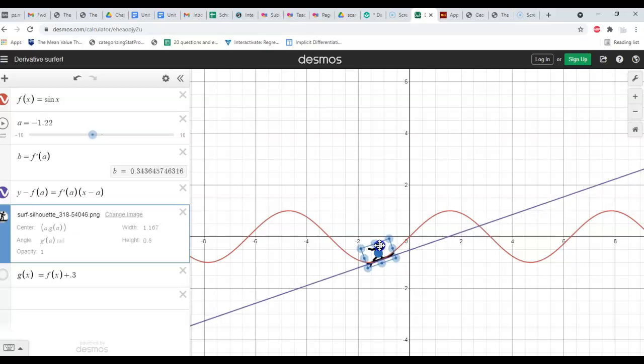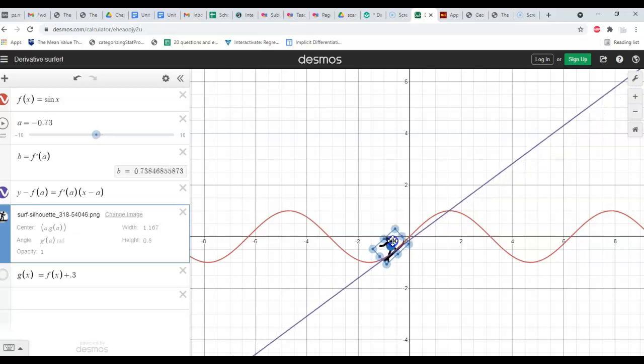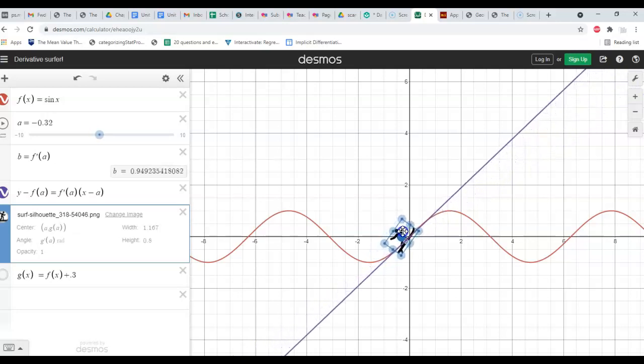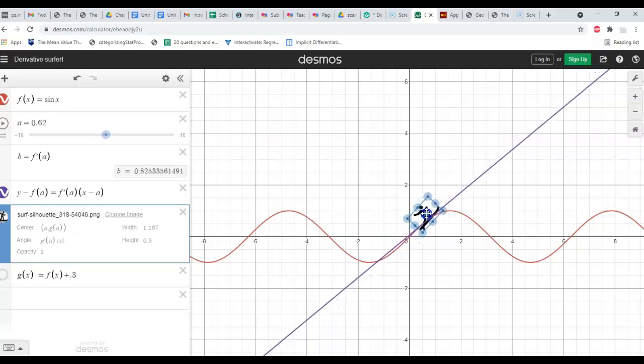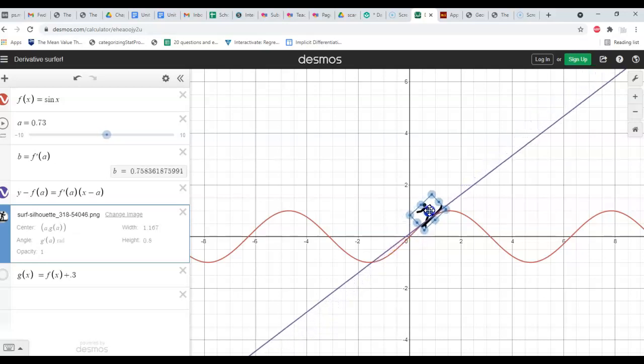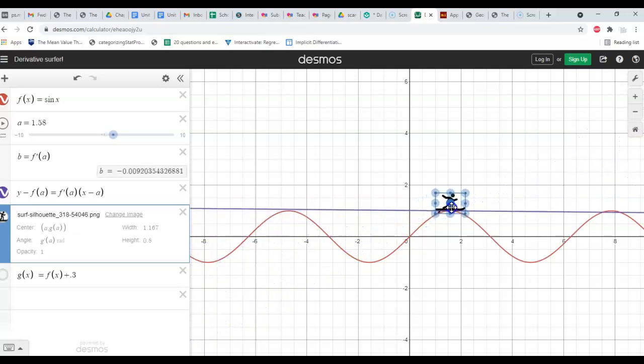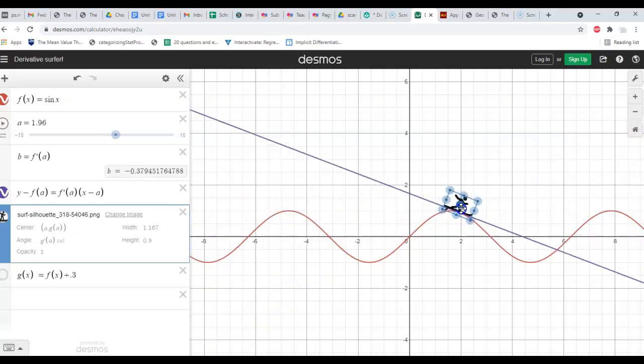Positive and getting bigger, or positive and getting smaller? Positive and getting bigger until about there. Now it's positive and getting smaller. That's called a point of inflection. You've probably heard that term in other contexts. And then positive and getting smaller, positive and getting smaller, back to 0.